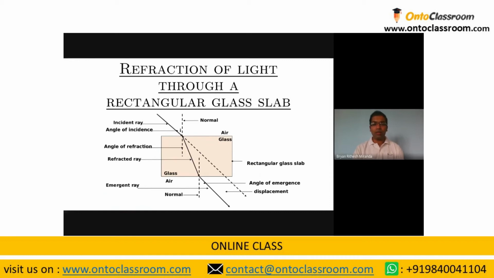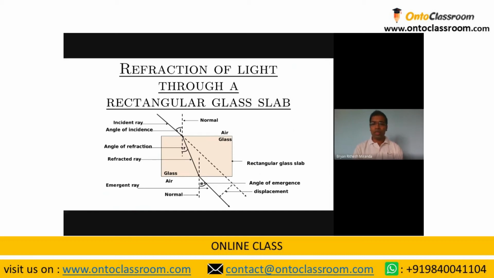The angle of incidence is taken as the angle between the normal and the incident ray. The angle of refraction is taken as the angle between the refracted ray and the normal. We measure a third angle called the angle of emergence for the ray that is coming out after refracting twice.